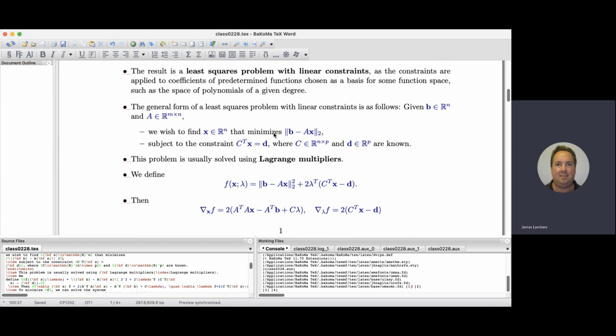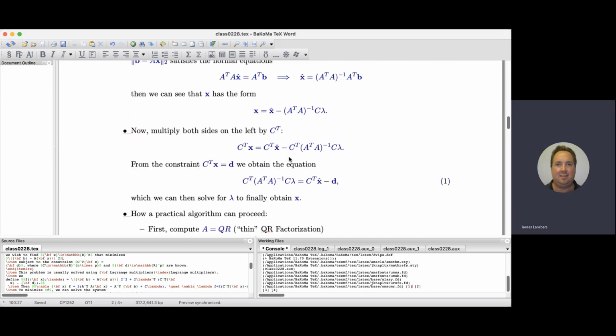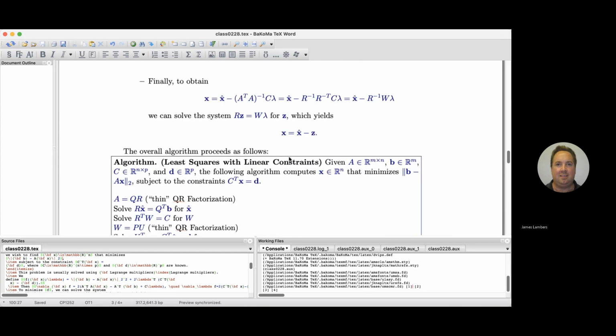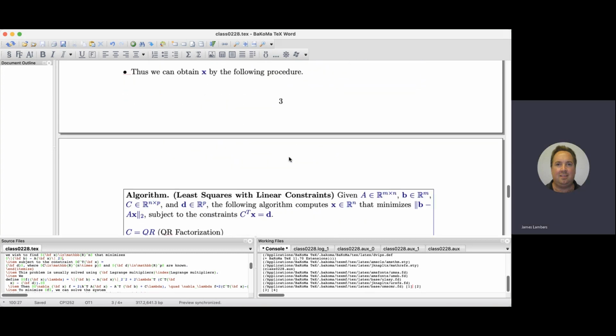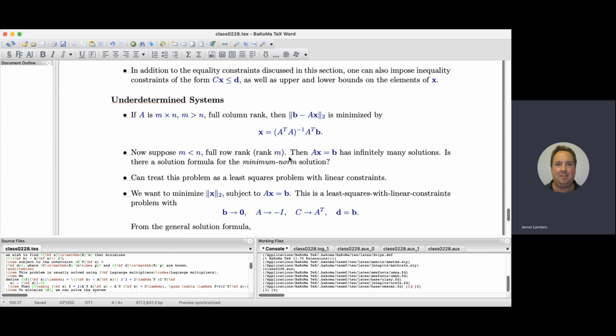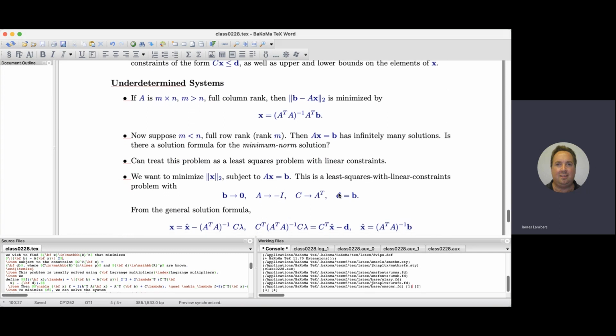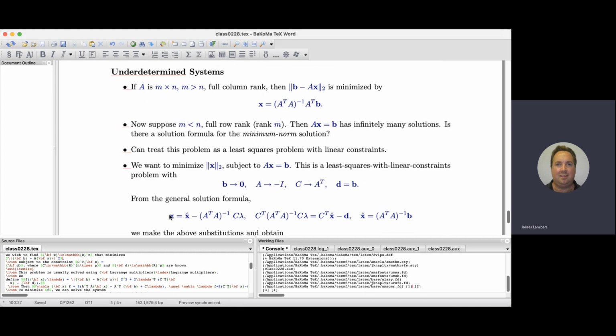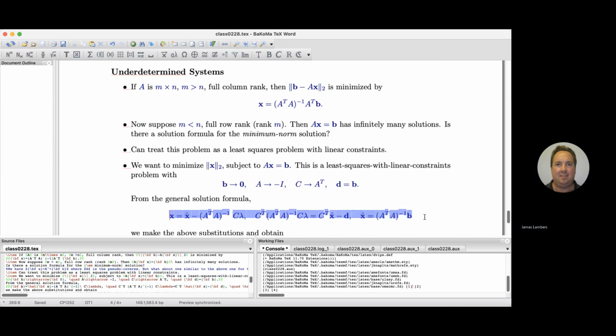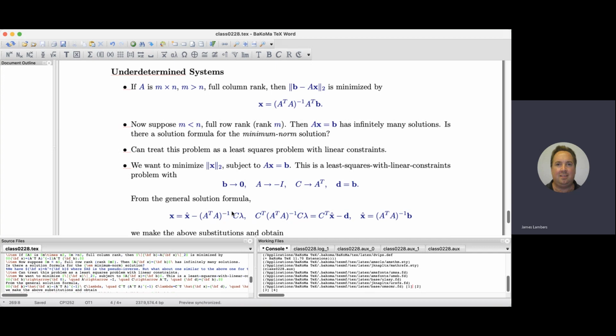So by assigning everything here to the right quantity, what we have is a least squares with linear constraints problem. So I'll scroll back to there. Yeah, so these are the substitutions that I have in mind. Now, here's the formula for the solution of a general least squares with linear constraints problem, for generic minimizing b minus Ax and with C transpose x equaling d.